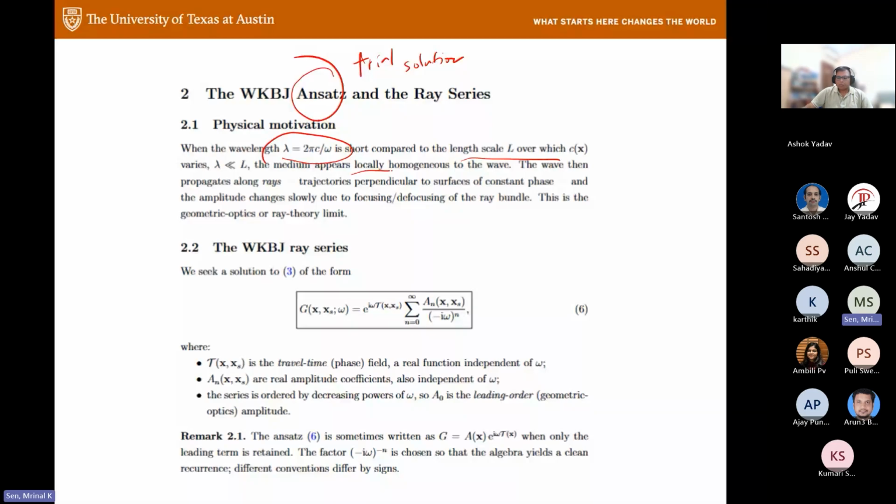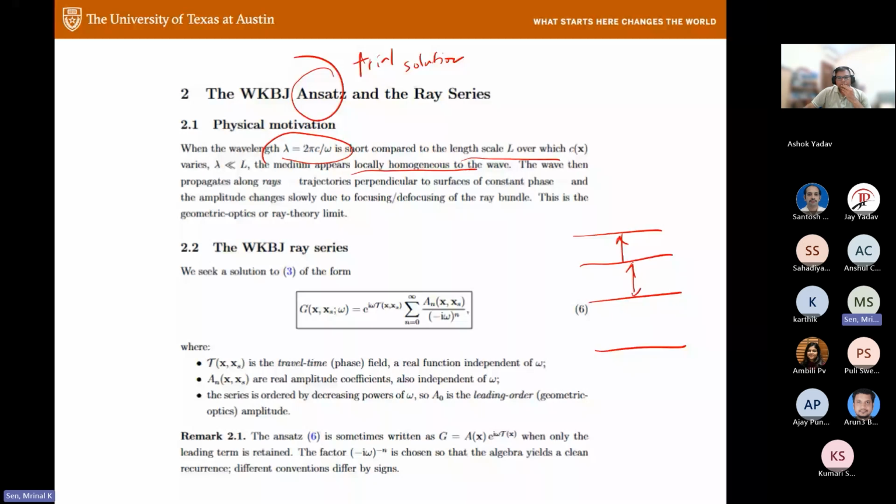So there is a difference here in terms of how we are trying to handle this. For Kenneth's method, we say that the medium is homogeneous, with layers separated by some discontinuities.